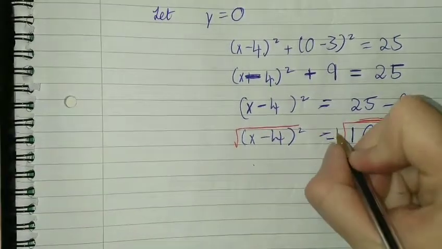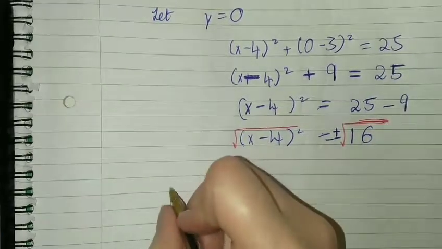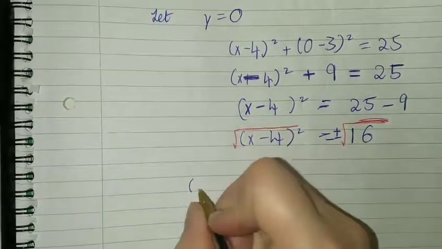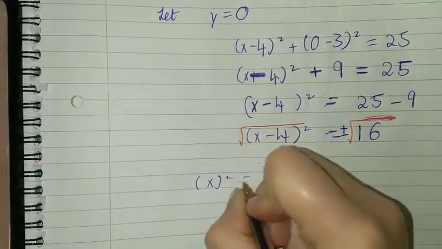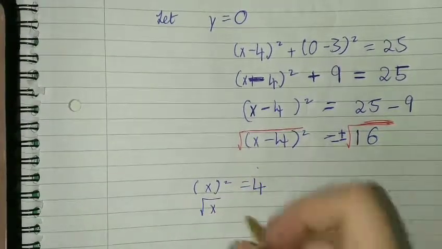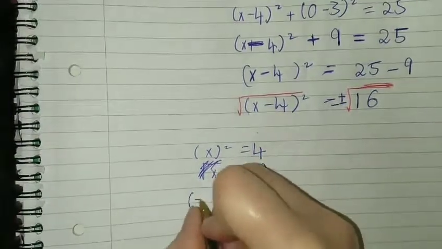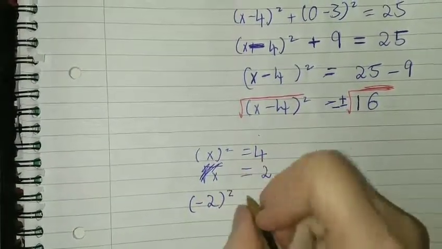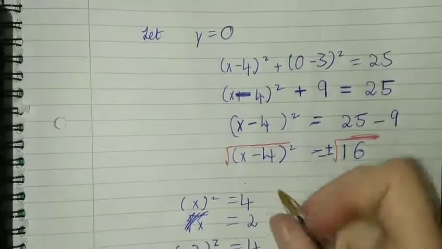So we have to take the plus and minus version of the 16. Say if we had a case like x squared is equal to 4. Well, if we just got the square root of both sides, we get x is equal to 2. But we could also have had minus 2 squared and we would have got 4. So we're just allowing for the plus and negative.